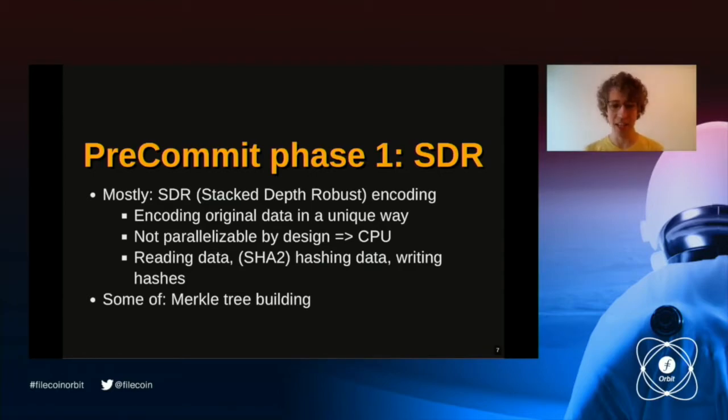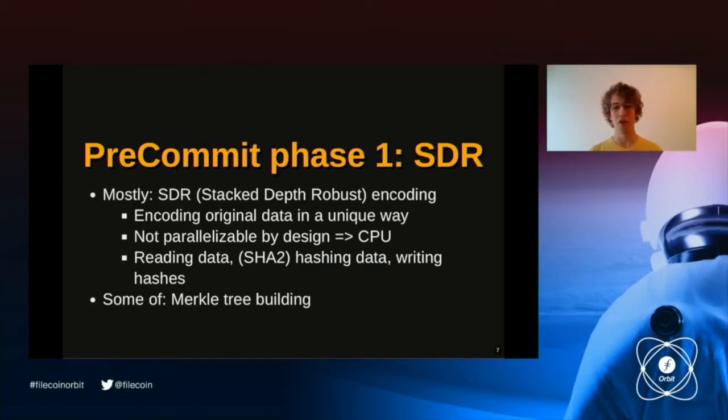And this step is not parallelizable by design. So it runs on the CPU and it takes quite a lot of time. What it does in the background is mostly reading a lot of data from disk, then doing some SHA hashing and writing those hashes again.